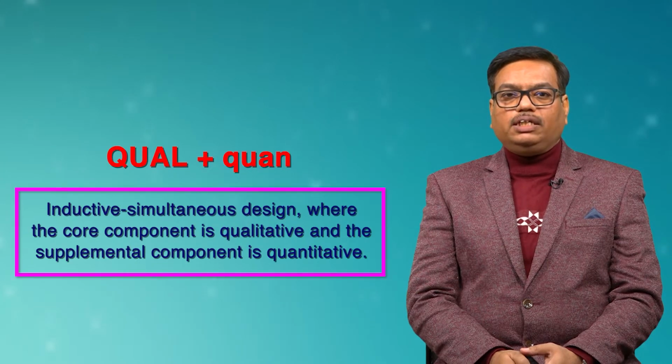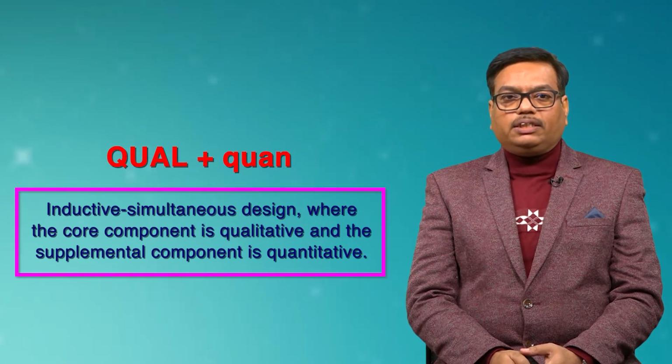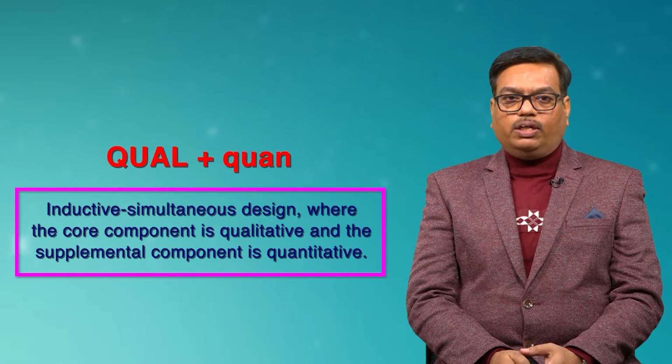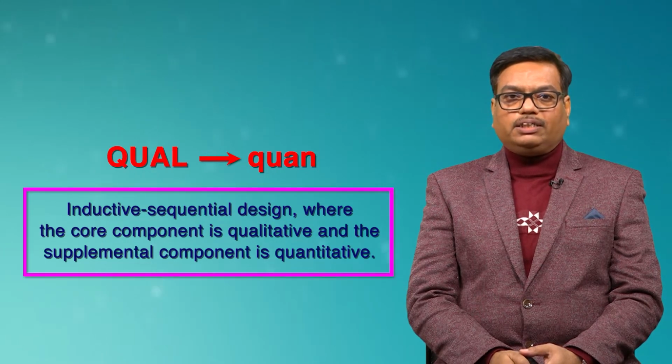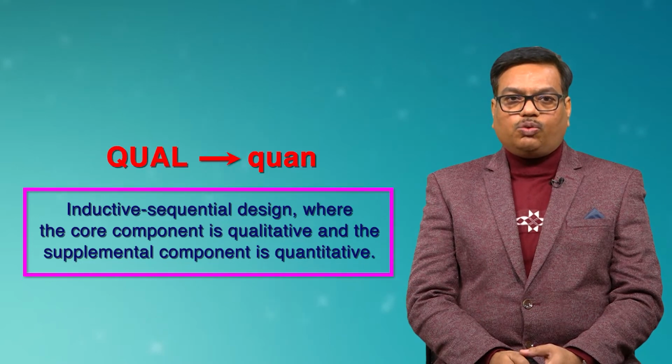Here you can see QUAL is in caps and quan is in small letters, and this is also called inductive simultaneous design, where the core component is qualitative and the supplemental component is quantitative. The second is QUAL arrow quan. This is inductive sequential design where the core component is qualitative and the supplemental component is quantitative.